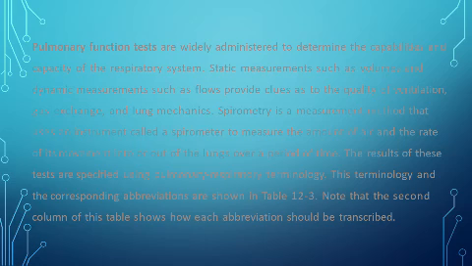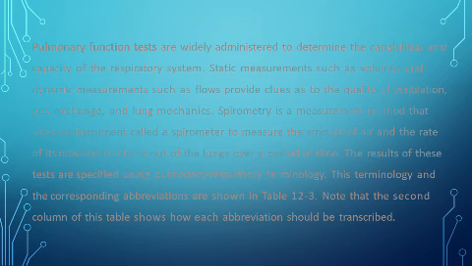Static measurements such as volumes and dynamic measurements such as flows provide clues as to the quality of ventilation, gas exchange and lung mechanics. Spirometry is a measurement method that uses an instrument called a spirometer to measure the amount of air and the rate of its movement into or out of the lung over a period of time.